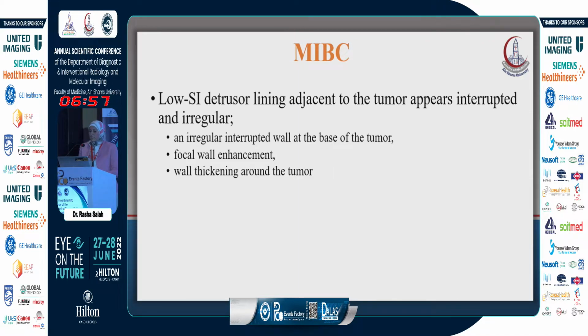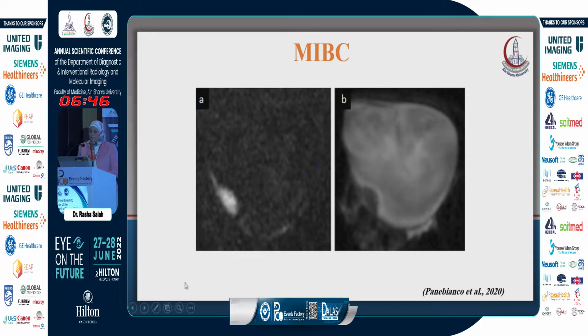As regards the muscle invasion, these tumors have interruption of the enhancement of the mucosa, or we can see that there is an extravesical component. This is an example where we can see that the mass is merged with the muscle layer, with restriction seen on the diffusion weighted image, and this is the corresponding ADC.